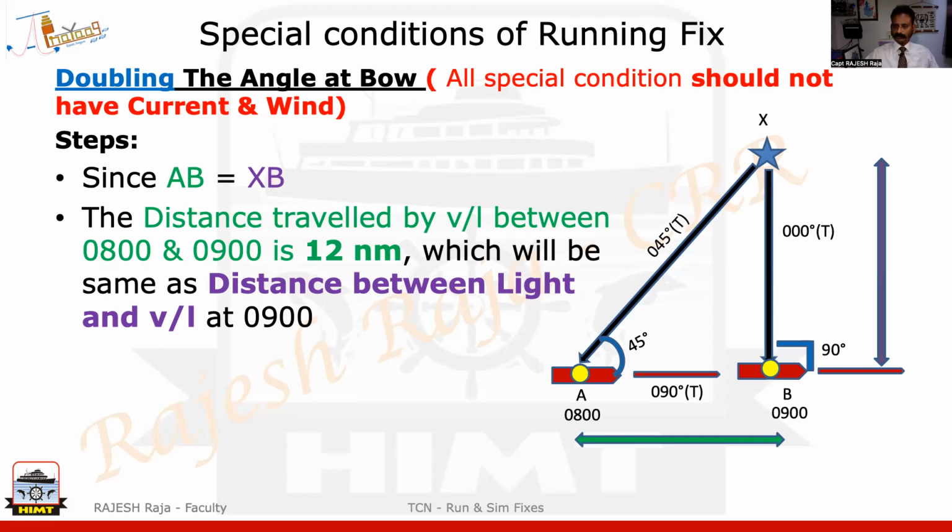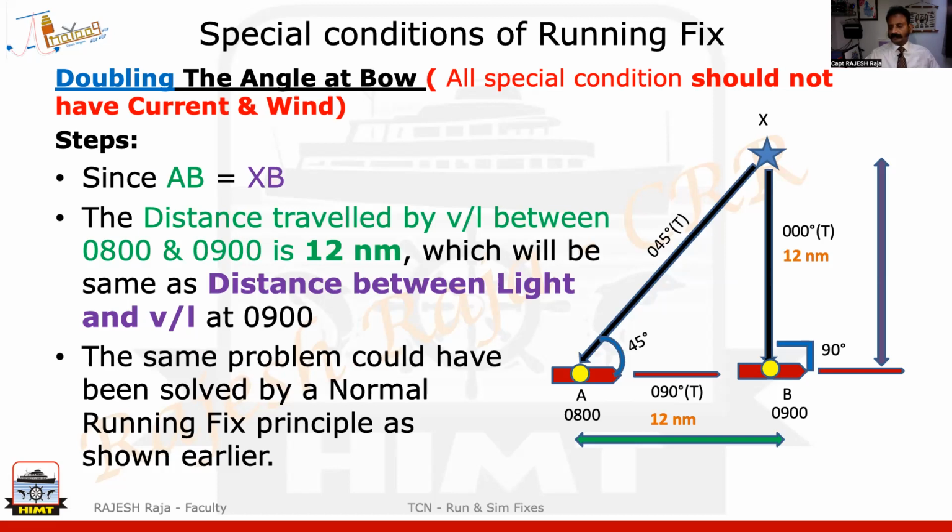So this is what we have achieved by looking at this doubling of angle principle in a different way, rather than going by the normal running fix principle. So I have marked 12 nautical miles and 12 nautical miles. This one picture clearly shows you AB is equal to XB, both are 12 nautical miles. It is tan 45.